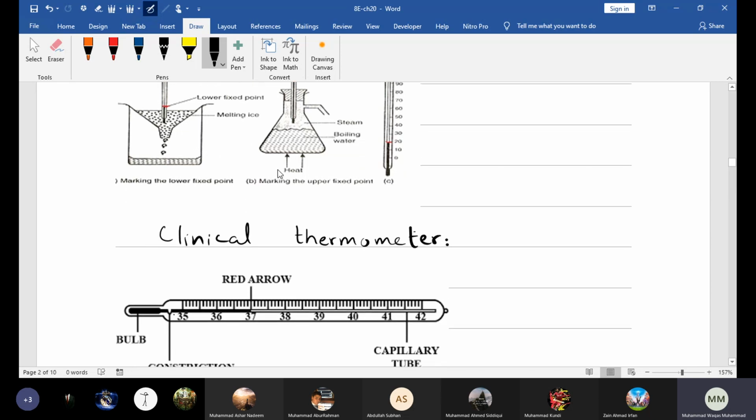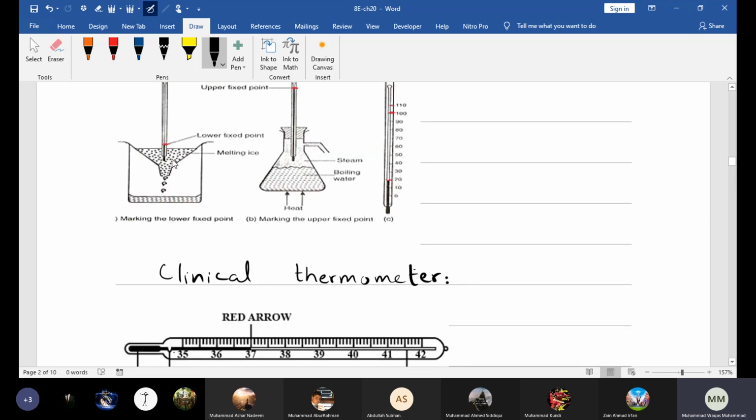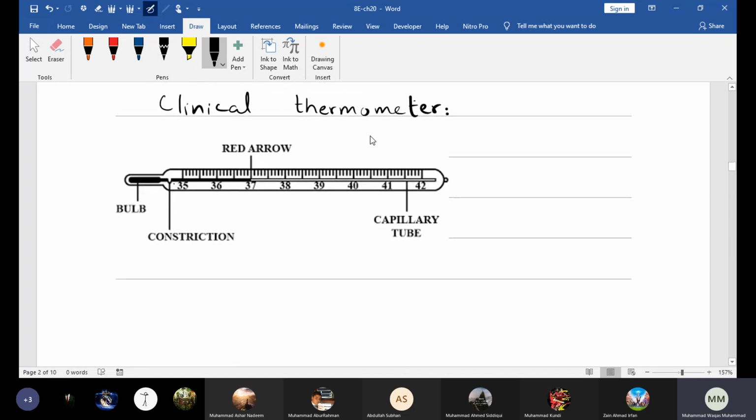With the help of this diagram we explained that to mark the lower fixed point on the thermometer, you put the bulb of the thermometer in pure melting ice, and to mark the upper fixed point, you put the bulb of the thermometer in the steam or the water boiling at the normal atmospheric pressure. Then that is divided.